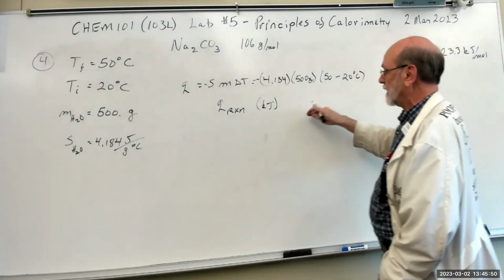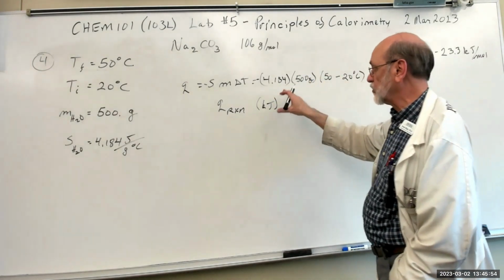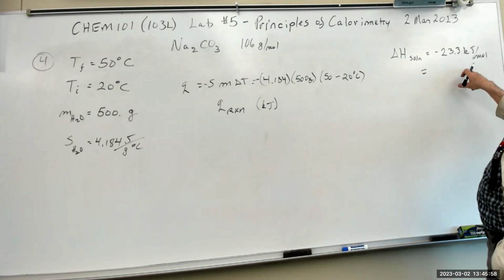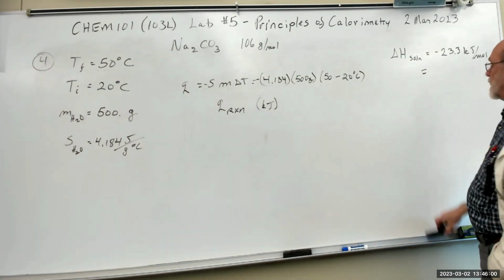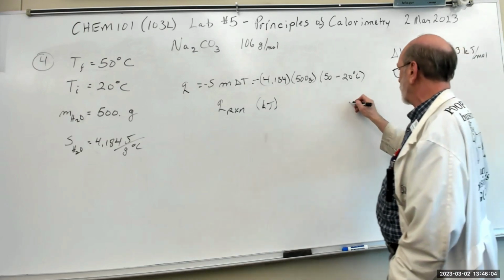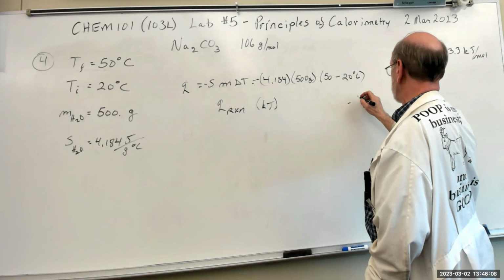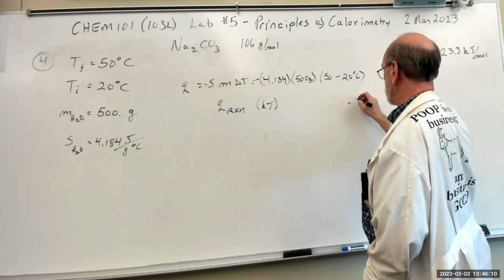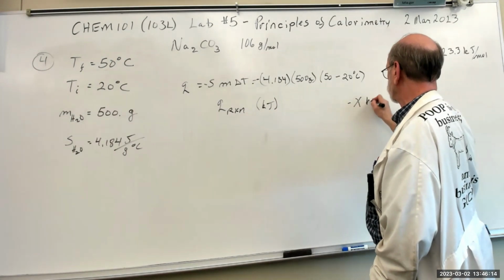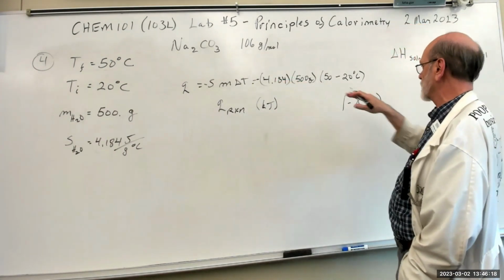Took me a second. This Q of the reaction is actually just the joules or kilojoules. So it's already kilojoules. So if we say minus so many kilojoules here, that's what we get from this reaction, this calculation.